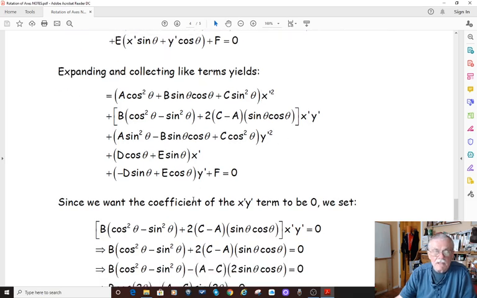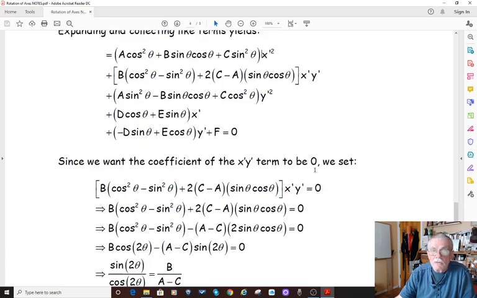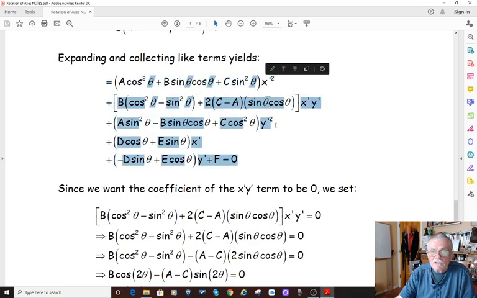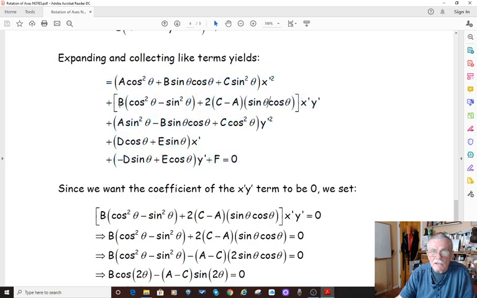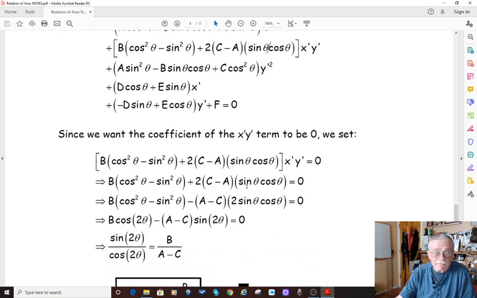Since we want the coefficient of x prime y prime to be 0, this term right here, from here to here, has to be 0. So I pull that term out, and I'm setting the coefficient equal to 0, and I'm going to solve.